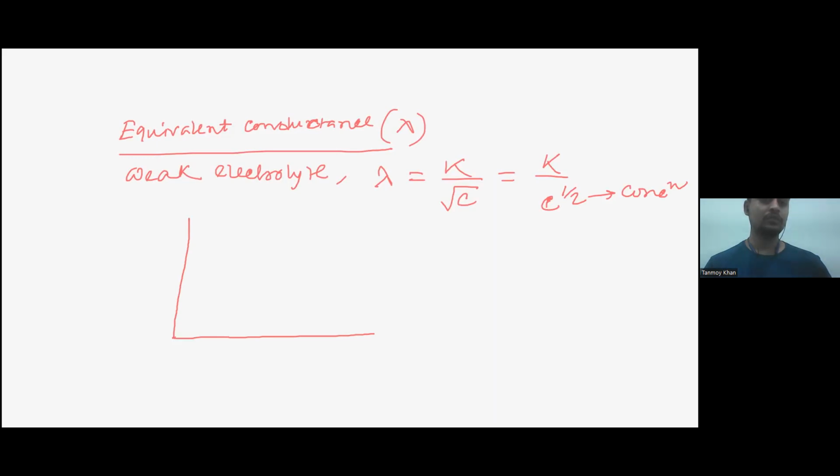If you want to plot it, lambda has root C itself. So this is nothing but lambda into root C is constant.